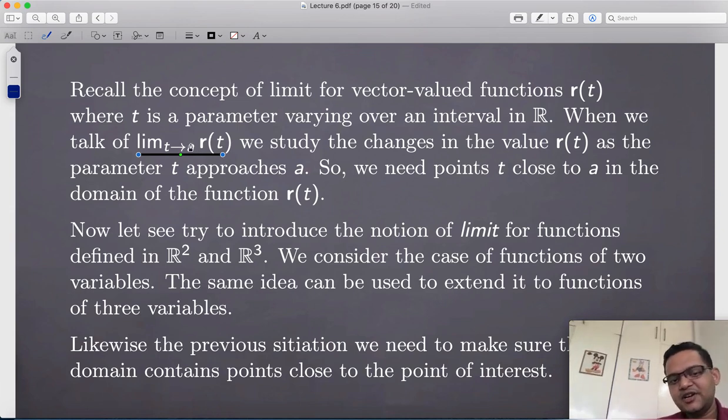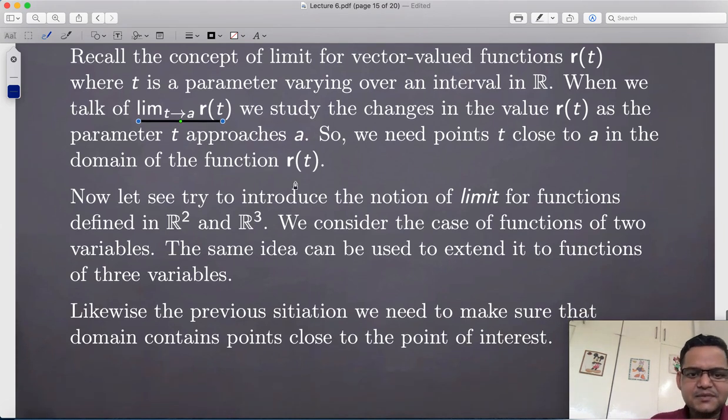If we don't have points close to a in the domain, then this doesn't make sense, because what we are saying is that as t comes closer to a, how does this function change. That is the whole point. And so for this we always need that the points near a should be part of your domain. So this is something which we will have to make sure.